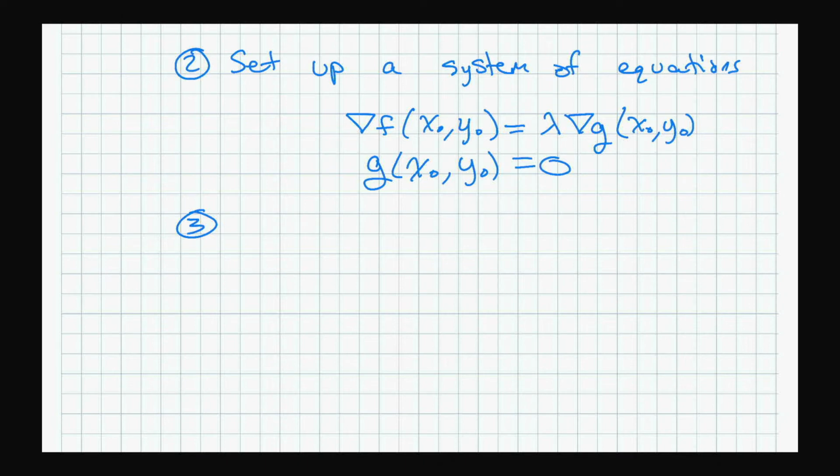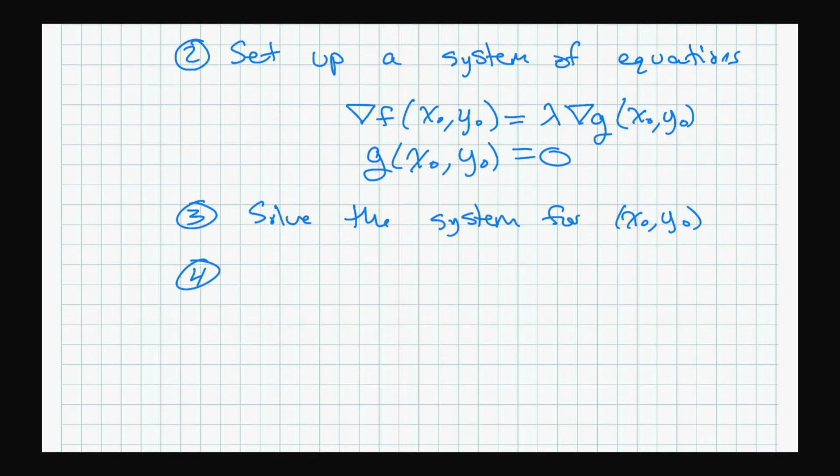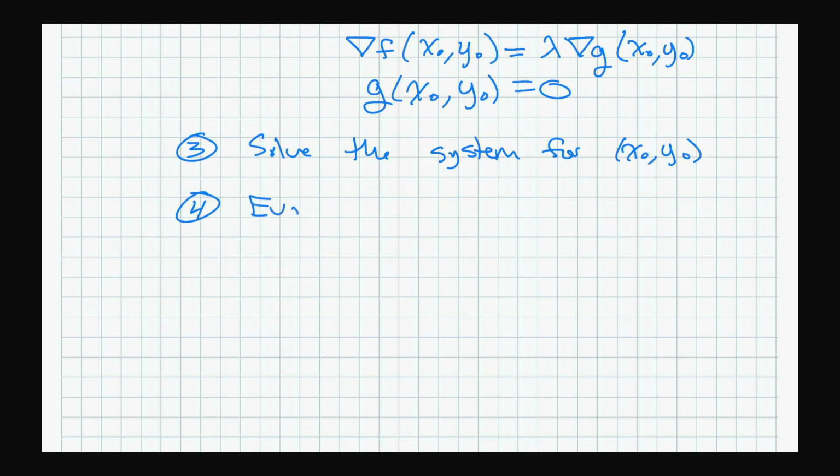So you set up that system of equations. After you have the system of equations, you're going to solve it, right? Solve the system to find your x0, y0. That's your solution. Then you're going to have possibly multiple options from step 3, and what you do is evaluate the objective function f at any solutions from step 3.